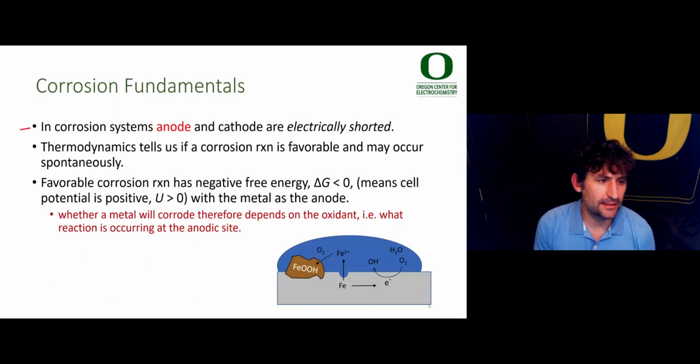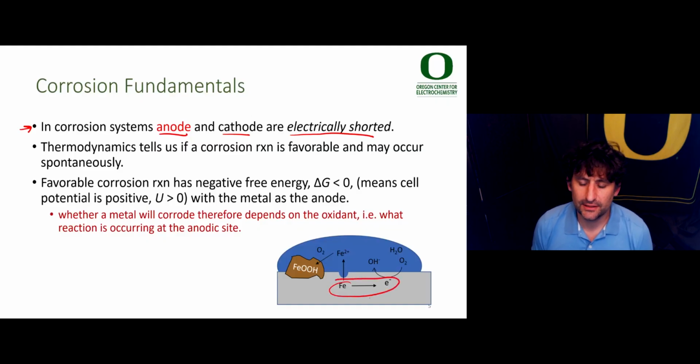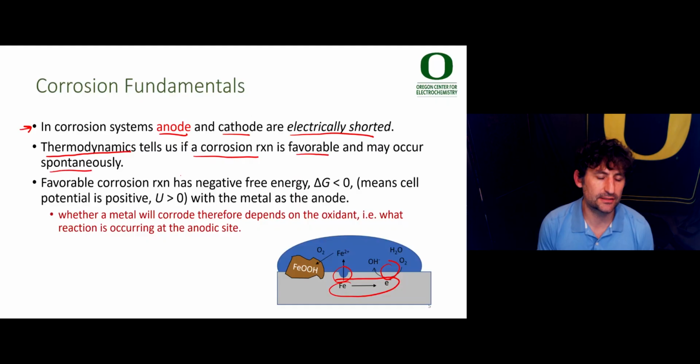As I highlighted in the first slide, in corrosion systems, the anode and the cathode are electrically shorted, and they're electrically shorted here by the metal, in this case a bar, that's connecting the local anode and the local cathode. Of course, the thermodynamics of the reaction, which you can calculate in the same way as we learned last term, tells us if a corrosion reaction is favorable and can actually occur spontaneously.